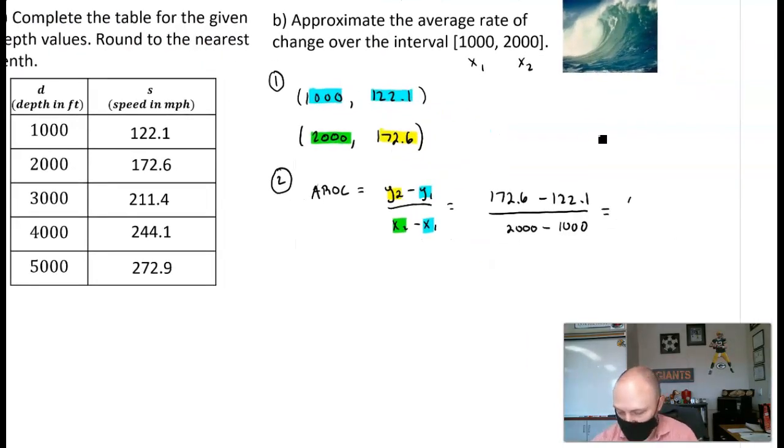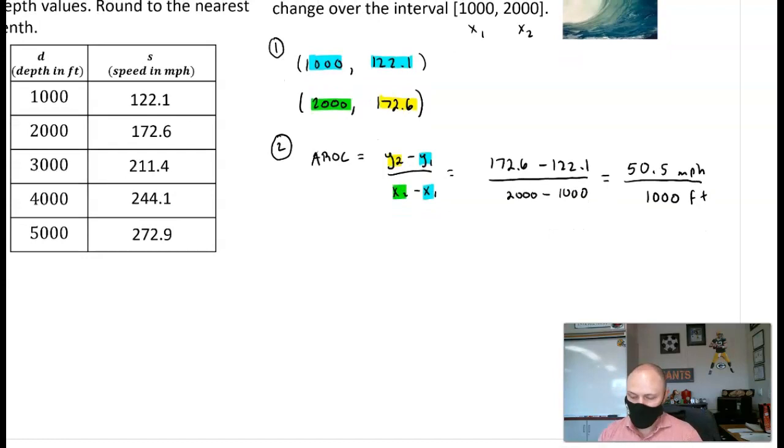So it looks like 50.5 miles per hour. I'm going to include the units, miles per hour, over 1,000 feet. Okay, so we can go ahead and divide. And this is going to be approximately 0.0505 if I wanted to include everything, miles per hour.